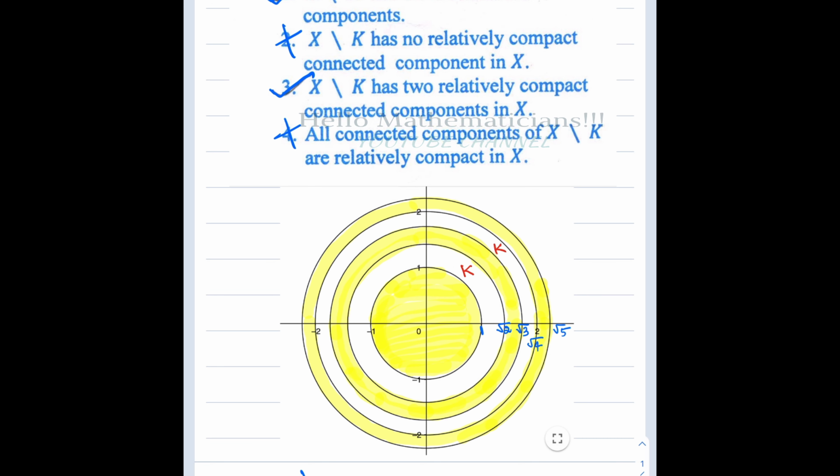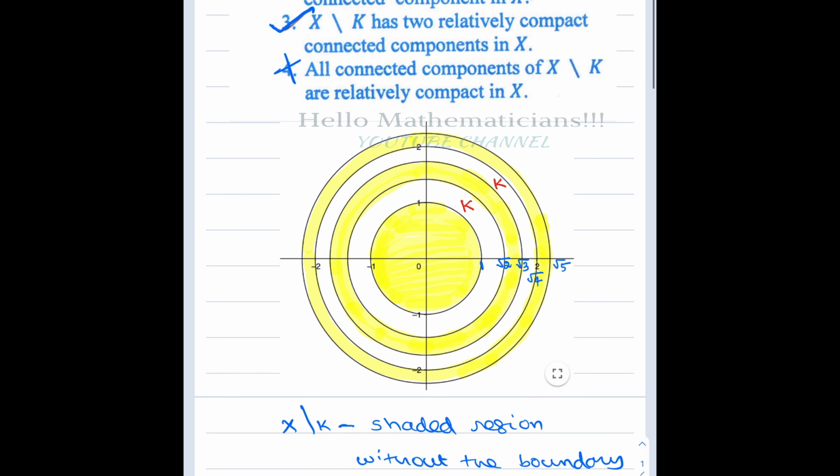But one tricky thing is that K contains all these circles, therefore when you remove K, the boundary of this shaded yellow region will be gone.